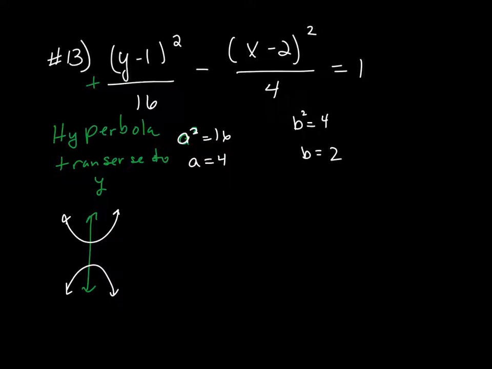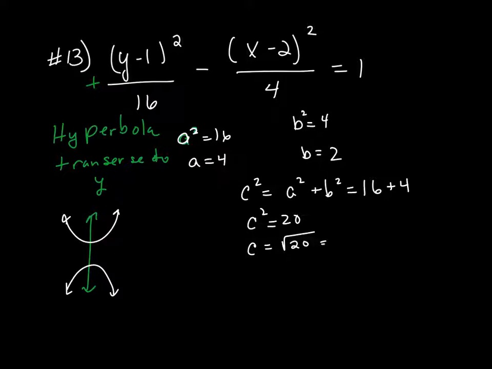So if I go through and find my c value here, c squared is equal to a squared plus b squared, or 16 plus 4. So c squared is equal to 20, which gives me the fact that c is equal to the square root of 20, which is 4 times 5 under the radical, or 2 square root of 5.